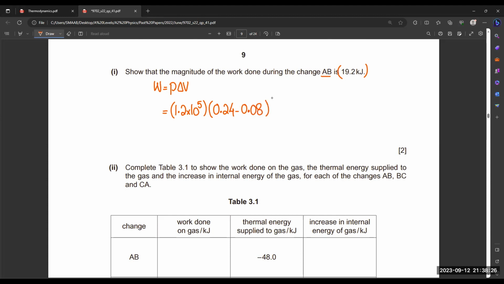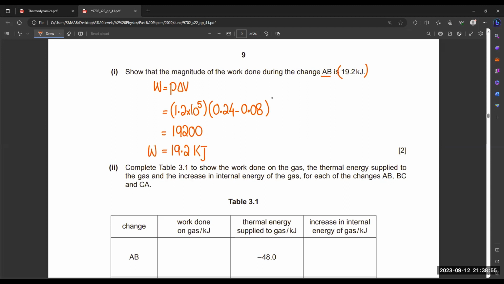So 0.24 minus 0.08. So your final answer will be equal to 19200. And if we just convert into the decimal form, it will be equal to 19.2, with 3 decimal places shifted, so kilojoules.